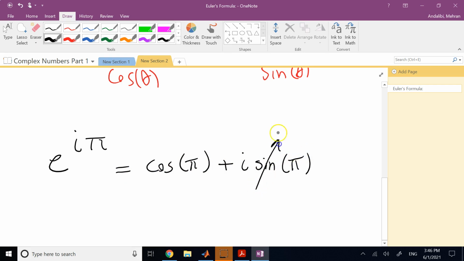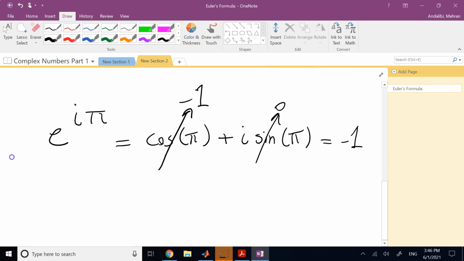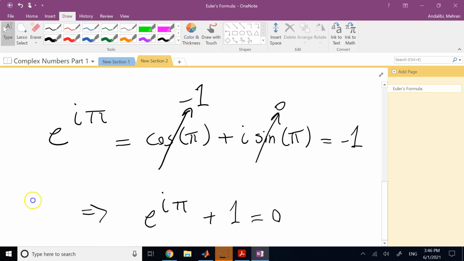Sine of pi is 0, cosine of pi is -1. So the result is -1. And if you bring this -1 to the other side, you will get this equation that e to the i pi plus 1 is equal to 0.